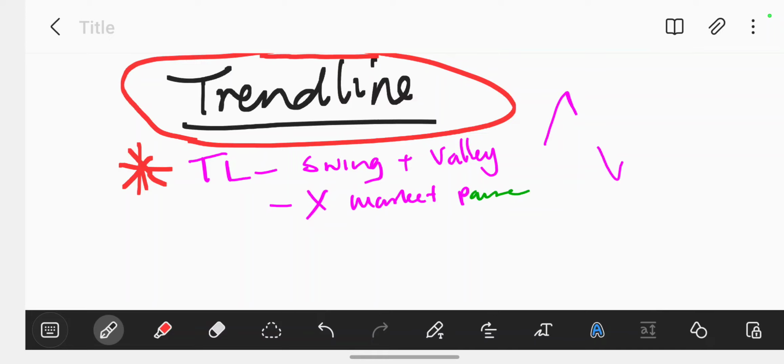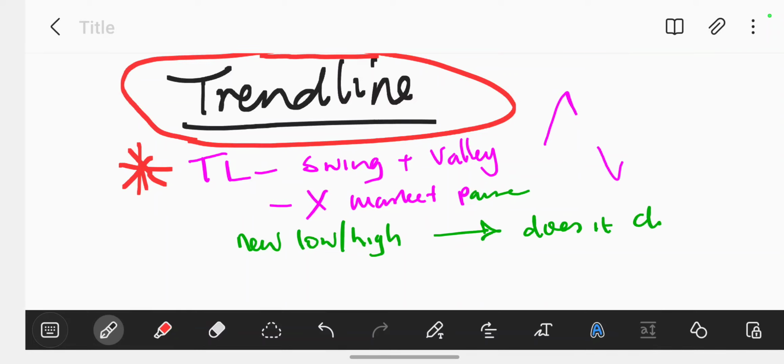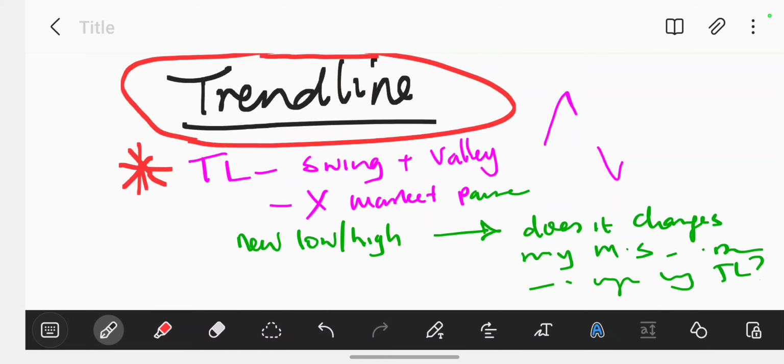So every time the price on your chart or on your time frame makes a new low or a new high, always ask yourself this question: does it change my market structure? Meaning, do I have to update my trend line?